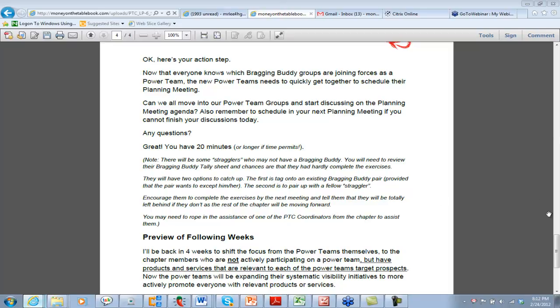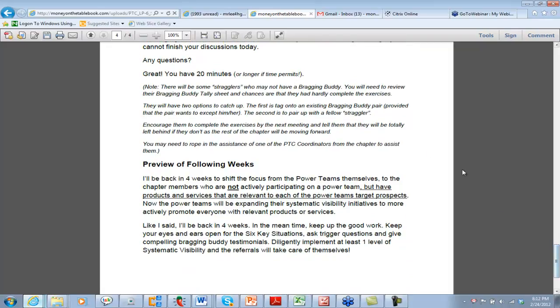Okay, so this is what we call fear of loss, right? That they're going to get left behind if they don't start moving forward. And then you may need to rope in the assistance of one of the Power Team certified coordinators from the chapter to assist them. Okay, so many of you have been following me in this adventure, through the trip through Southeast Asia where we did the Power Team presentations, and I was so very proud of my flock of geese V formation PowerPoint animation where they kind of flew onto the screen.